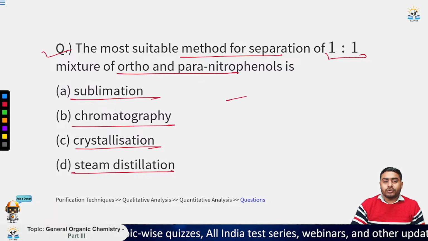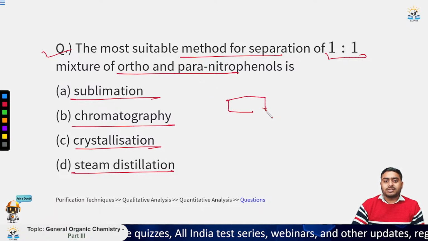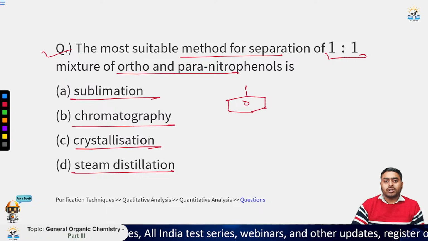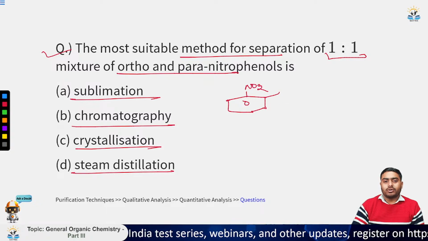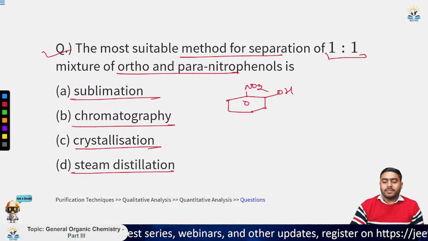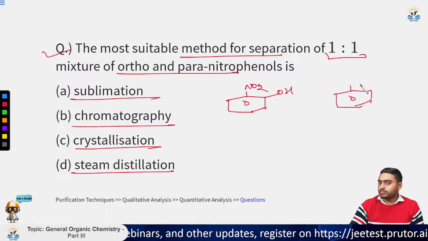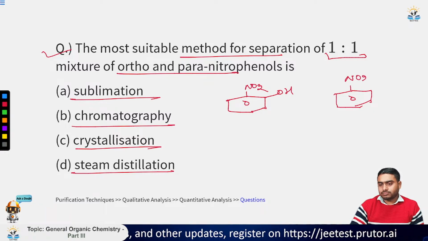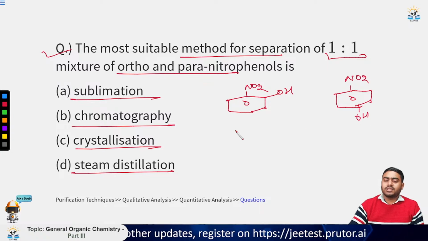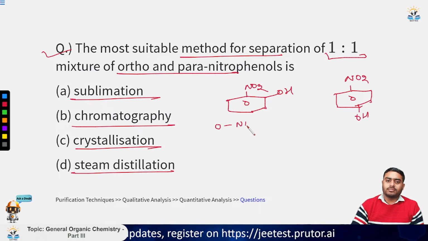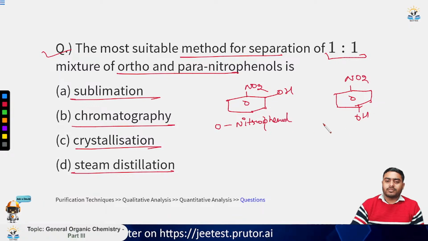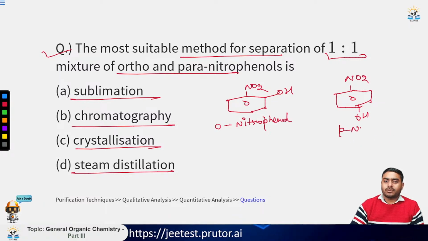So this is orthonitrophenol, benzene with OH and NO2, and this is paranitrophenol.